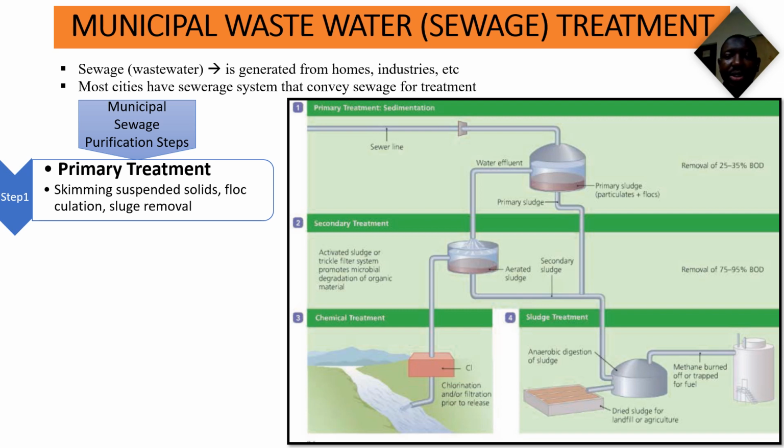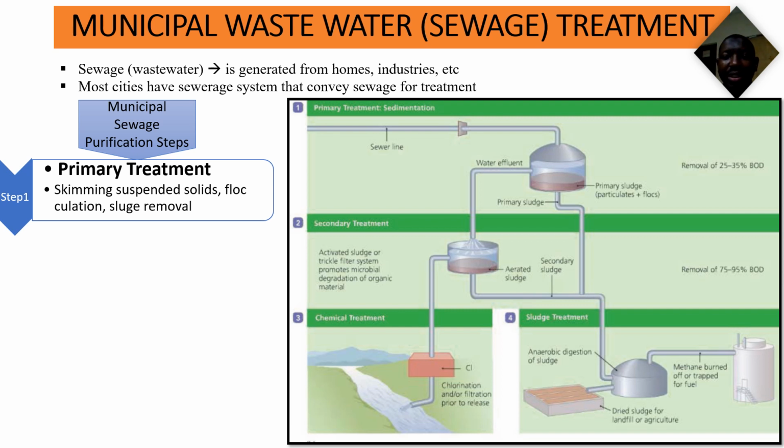So in this step, wastewater is pumped into a settling tank where lightweight solids, grease, and floating particles are skimmed off, and then heavier materials will settle down at the bottom.